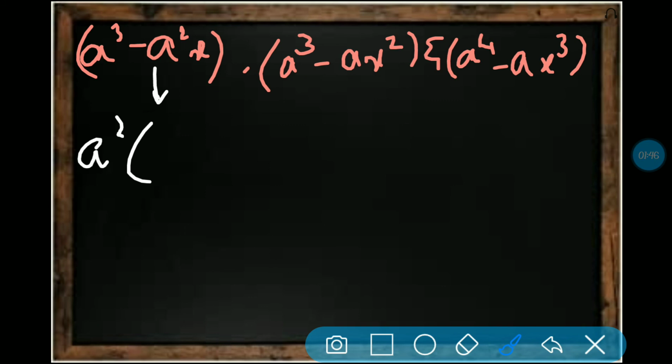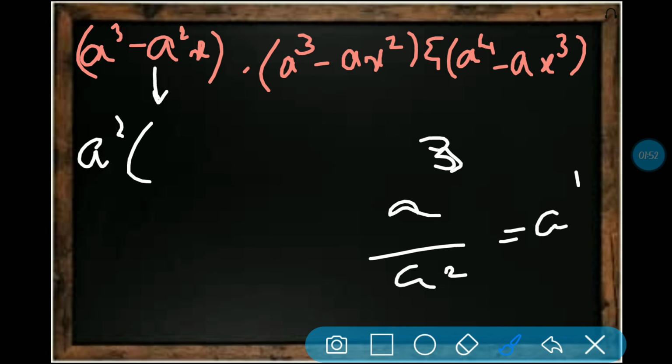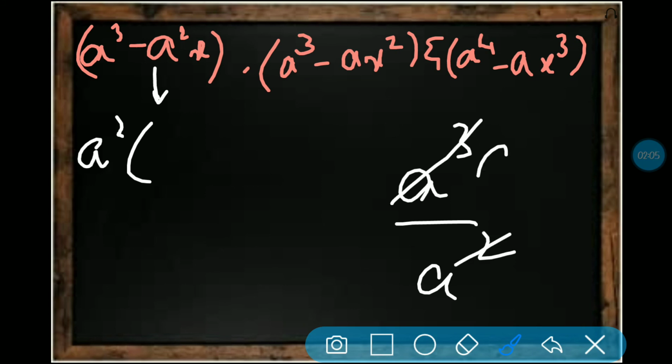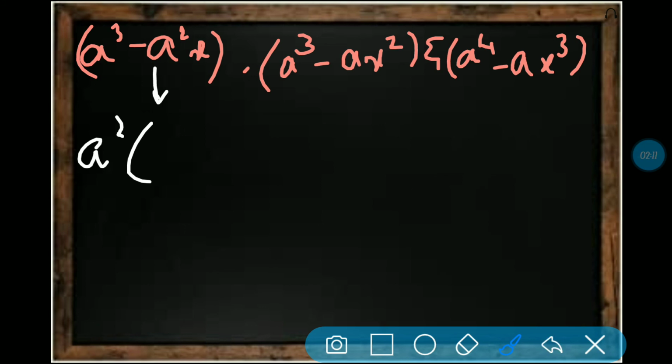Then a cube divided by a square, what is it going to be? It is a power 1, right? So a cube by a power 2, the powers cancel: 3 minus 2 is 1. So it is a, minus x.